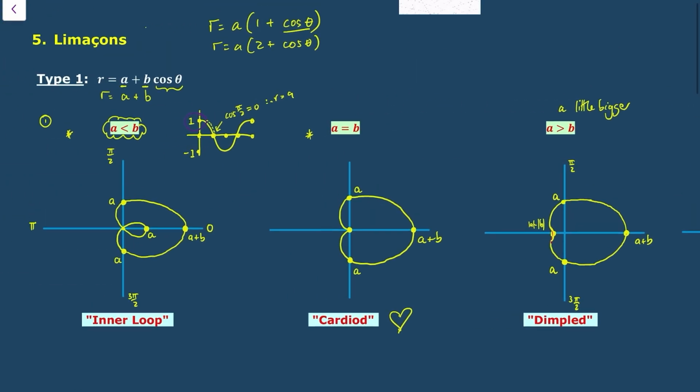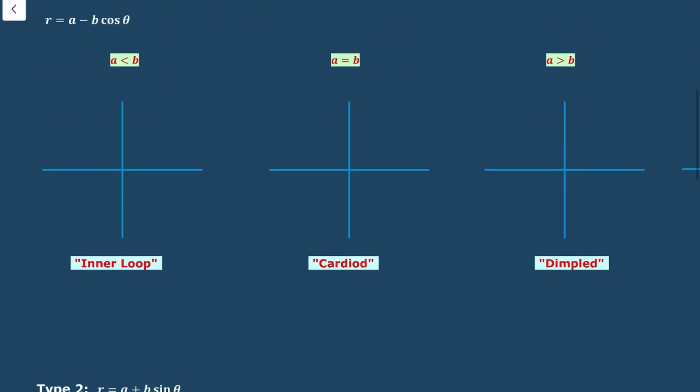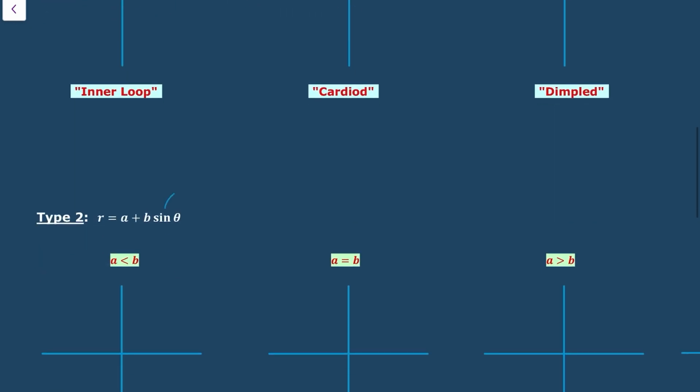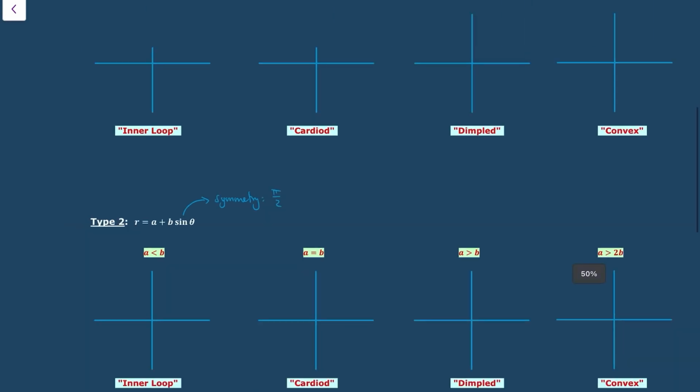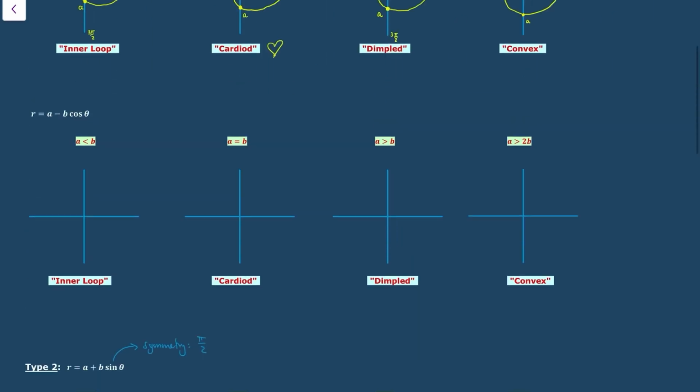The other thing I wanted to point out is, remember we said anything relating to cos has symmetry about the initial line, and anything relating to sine will have symmetry about pi by 2. So perhaps that already gives you an idea how these graphs will look.